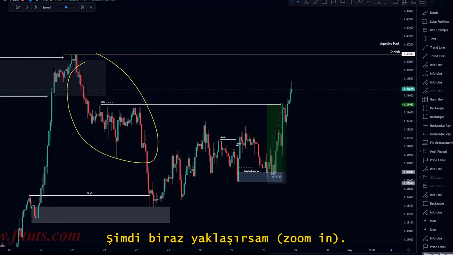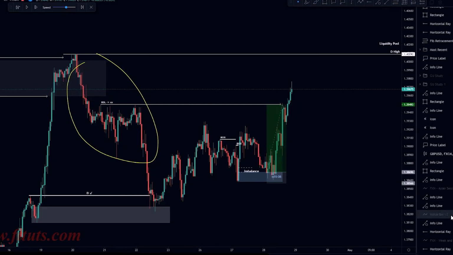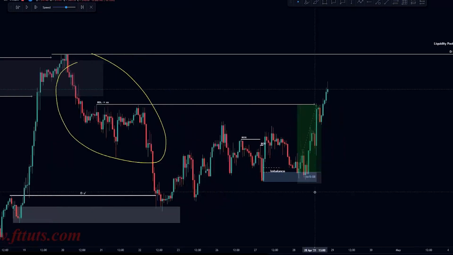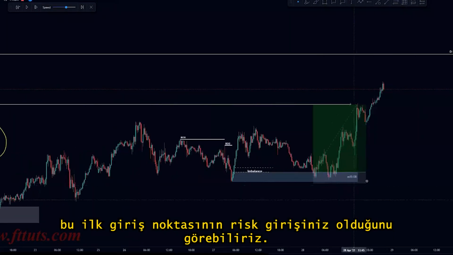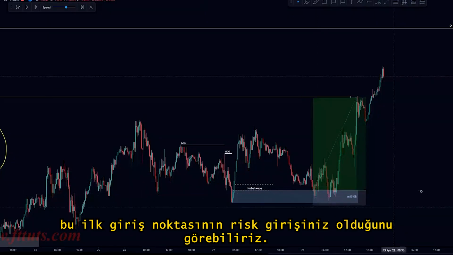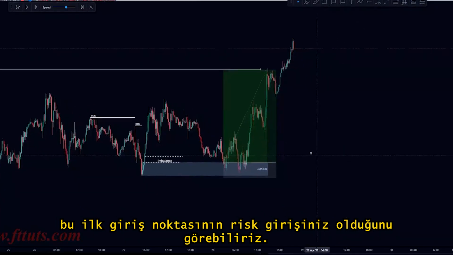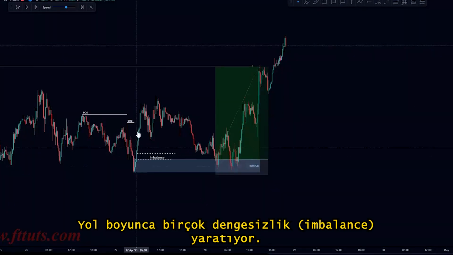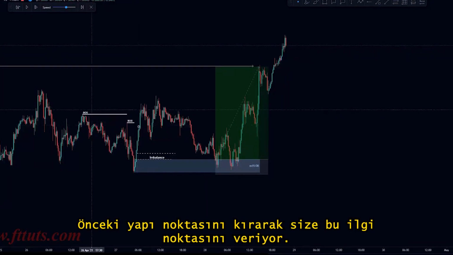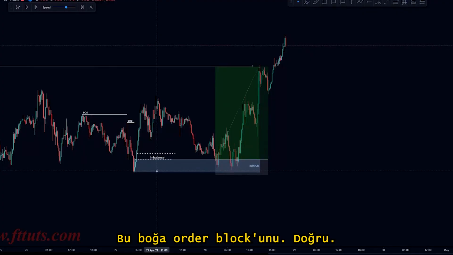Now, if I just zoom in onto the 15-minute over here, we can see that this first entry point is your risk entry. We can clearly see this impulse to the upside, creating a lot of imbalance along the way, breaking previous point of structure, giving you this point of interest, this bullish order block.